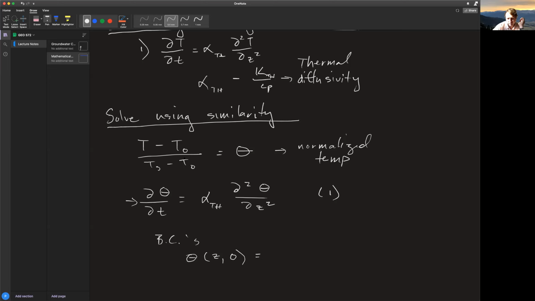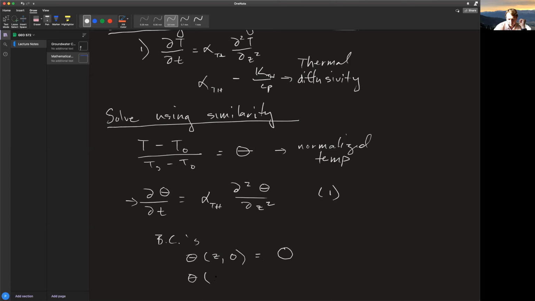That's our initial condition, which would be T naught. So we would have T naught minus T naught over Ts minus T naught. So this whole thing would go to 0. So theta is equal to 0. That's my initial condition.